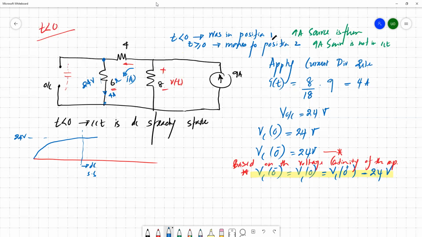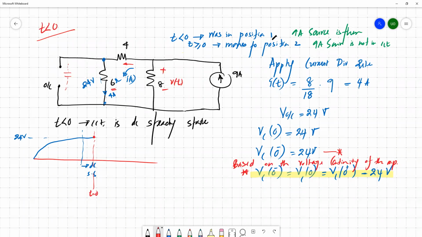we simply remove this 9 ampere source by placing the switch into position 2. Then we don't have any 9 ampere source in the circuit. The source is isolated from the rest of the circuit. But at t equals 0, this is already charged to 24.